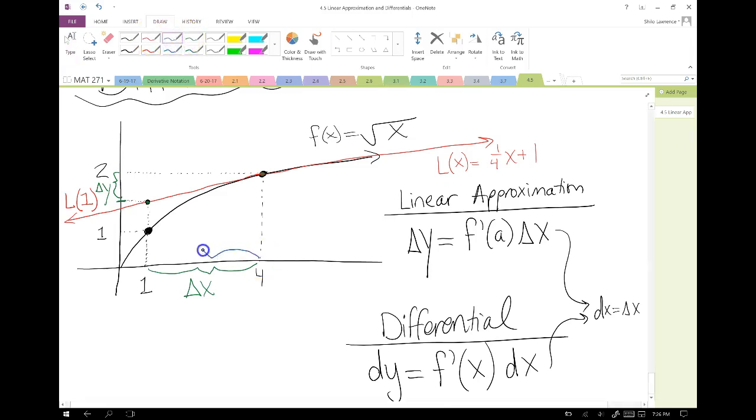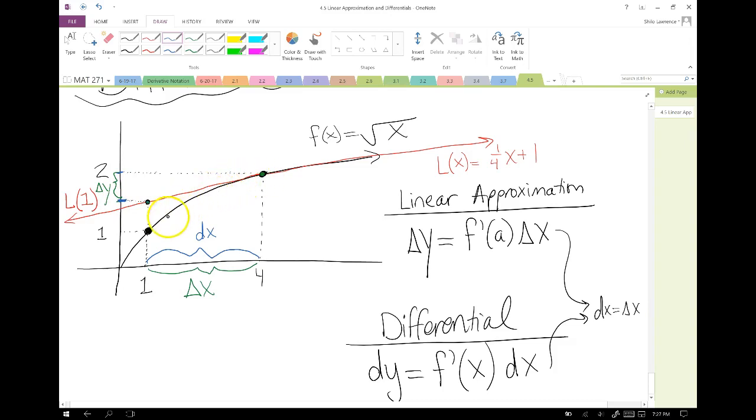So I'm still interested in that distance. Whether I use my line or my function, I'm still talking about the exact same distance on the x-axis. What has changed is my distance on the y-axis. My initial y value was up here at 2. If I use my line to estimate my new y value, I only ended up here. That's delta y.